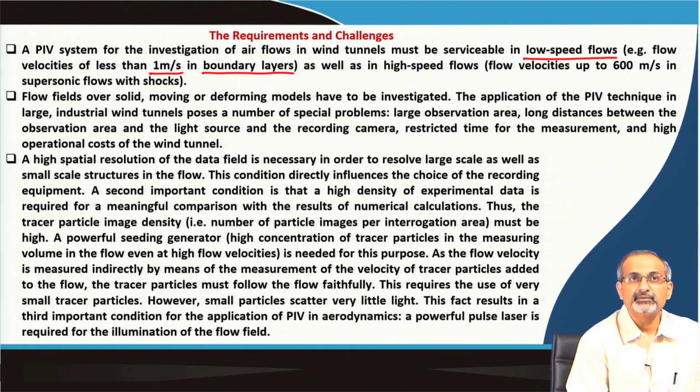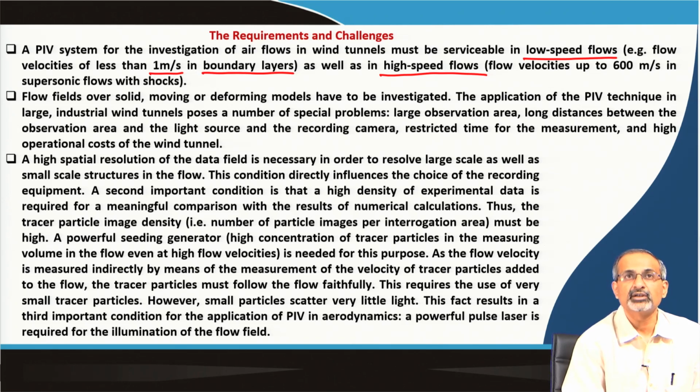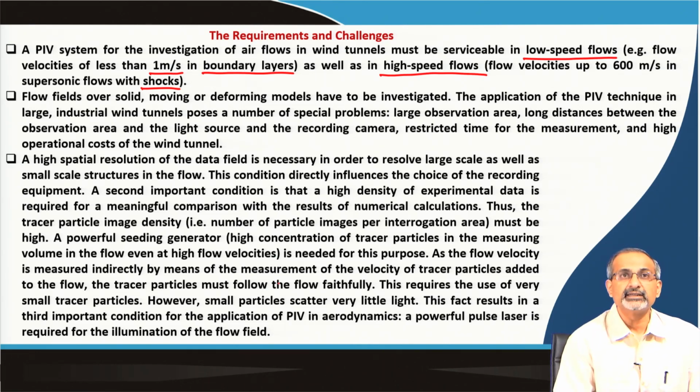So PIV should be able to resolve that on one end, as well as the much higher speeds which may be there in the free stream, especially for high speed applications, where flow velocities can go to several hundreds of meters per second when you are talking about supersonic or even hypersonic flow fields, and that too laden with shocks. So PIV also has the challenge of resolving discontinuities in the flow field, the sudden jumps of velocity across those structures.